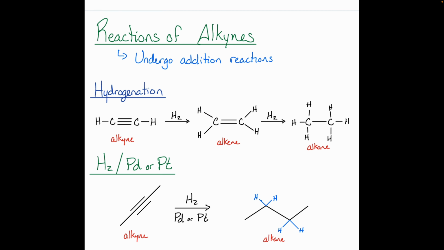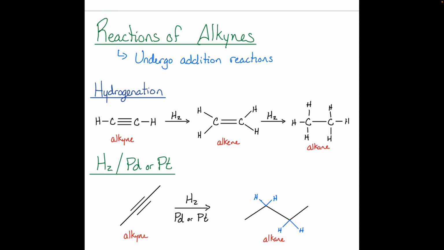But what we produce on the other end is now an alkene. It still has yet another pi bond. So then we can do yet another round of our addition reaction, right? So that's the big difference here between our alkenes and our alkynes. They both undergo the same types of reactions, but alkynes have 2 pi bonds instead of 1, all right?